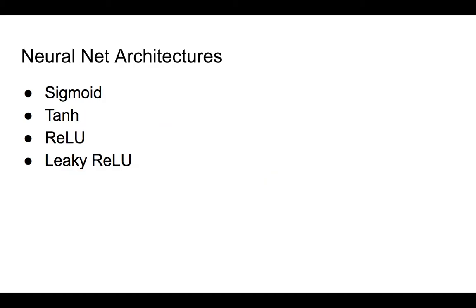For my project, I'm looking at 4 different types of neural net architectures with 4 different types of activation functions: the sigmoid, tanh, ReLU, and leaky ReLU. As a brief overview, the sigmoid and tanh functions are known for the vanishing gradient problem, where the weights of earlier layers are not updated as much as those of the later layers because of the vanishing gradients.